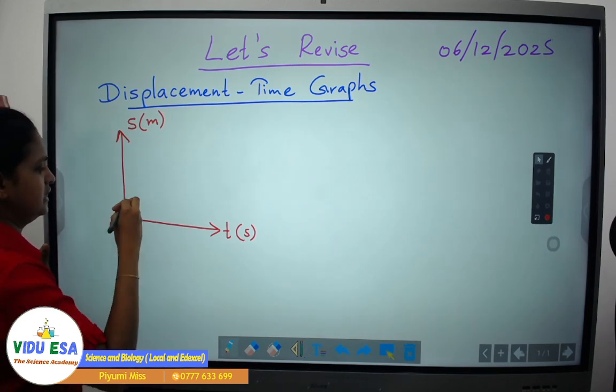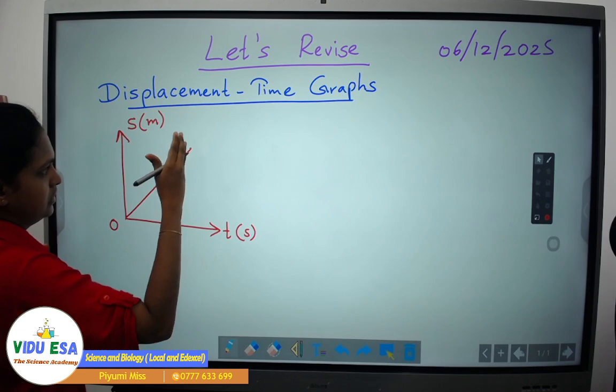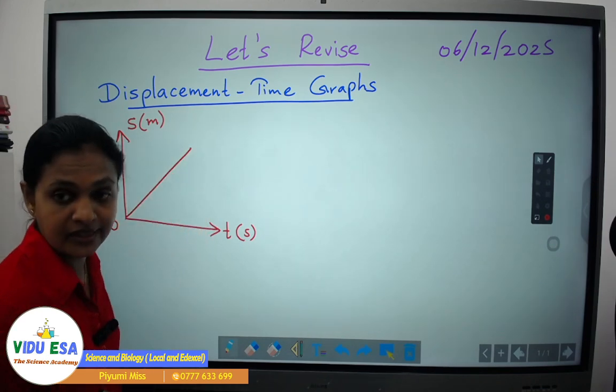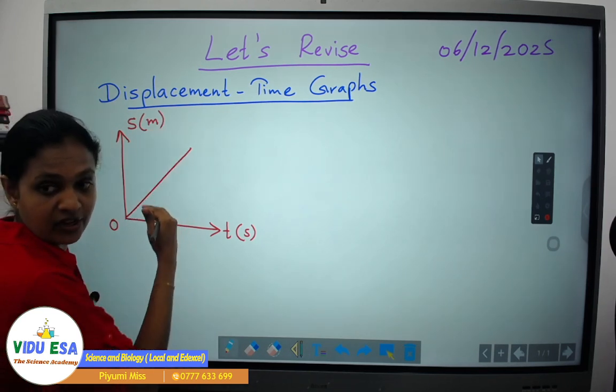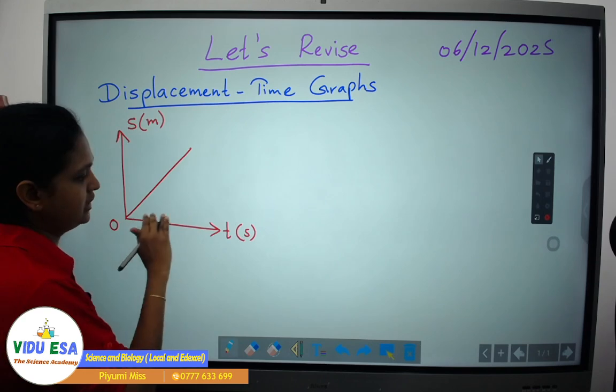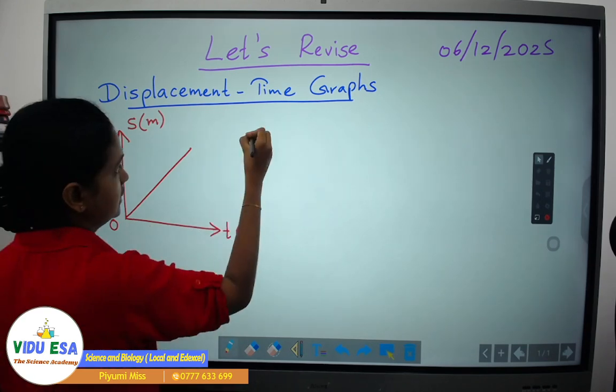If we consider a graph like this, we can calculate the gradient of the graph. Gradient means the difference in y coordinates divided by the difference in x coordinates.